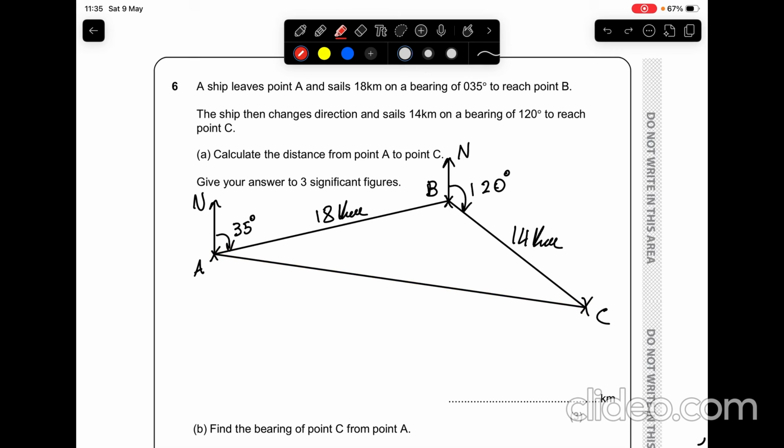So let's do that. First thing you might notice, because all of these lines are pointing due north, the two lines on the left and the right are parallel, which means that this angle here must be 35 degrees because it is alternate to the 35 degree bearing from A. Now, we can work out the remaining bit of this internal angle of the triangle by doing 180 subtract 120, that gets us 60 degrees, because angles on a straight line make 180 degrees.